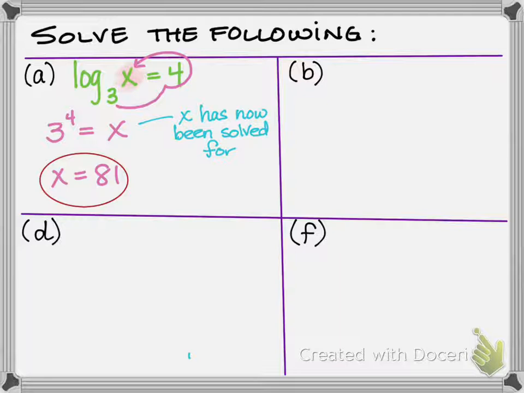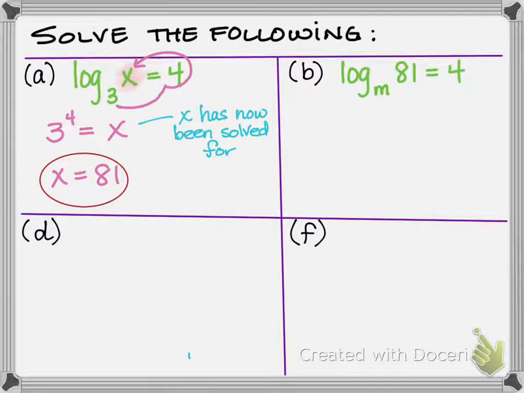Yay, there you go. What I want you to do is follow along and copy these other problems with me and do these on your own. So here are your problems. Solve for x. We have b: log base m of 81 equals 4.